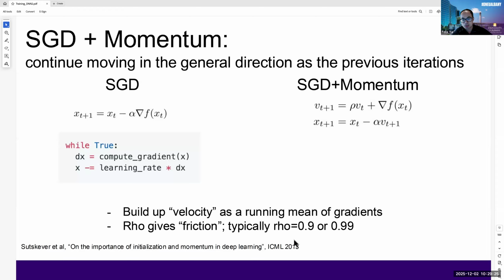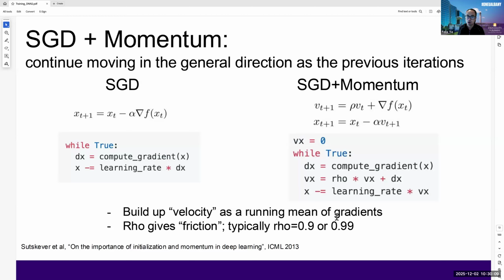This coefficient right here is usually set as 0.9 or 0.99. These values are just preset, right? We are saying we want to forget those old gradients gradually at the rate of 0.9 or 0.99. So this is basically taking a running mean, but I want to emphasize more the latest gradients.